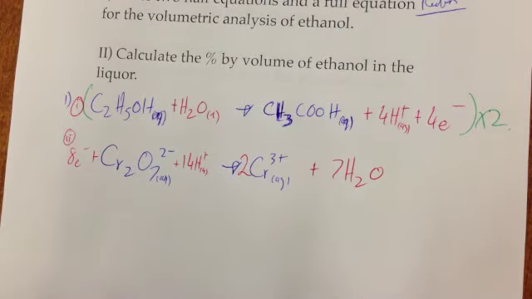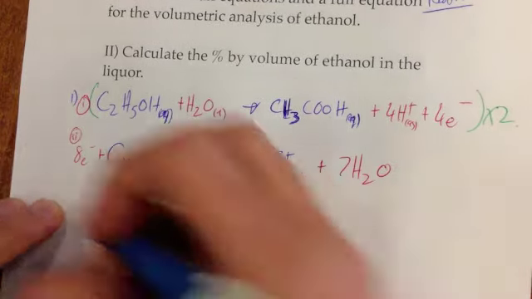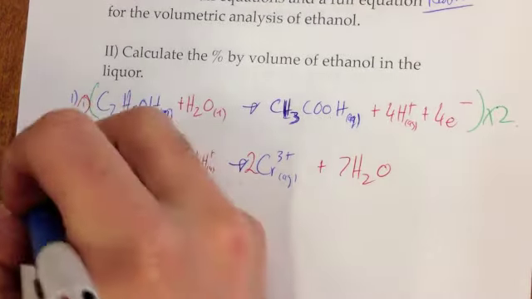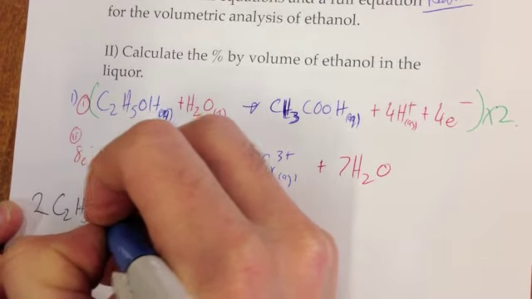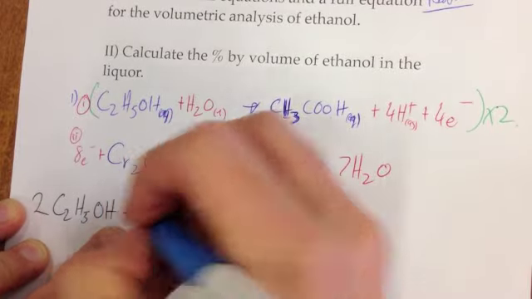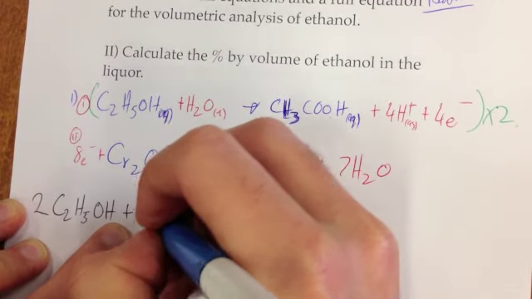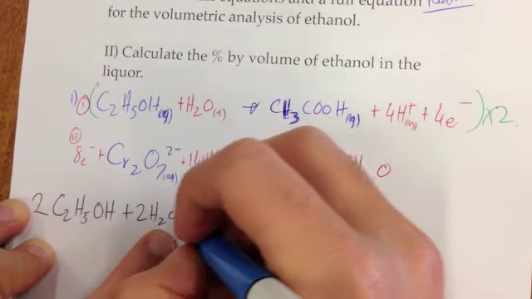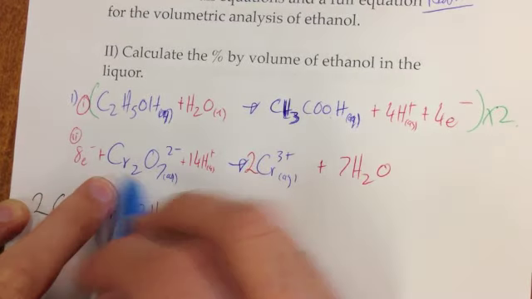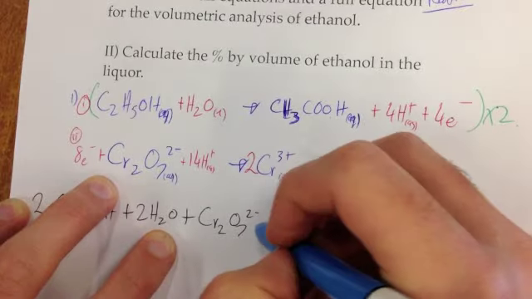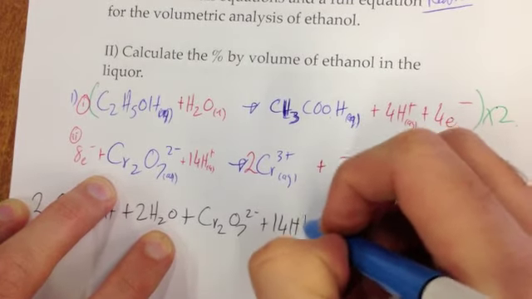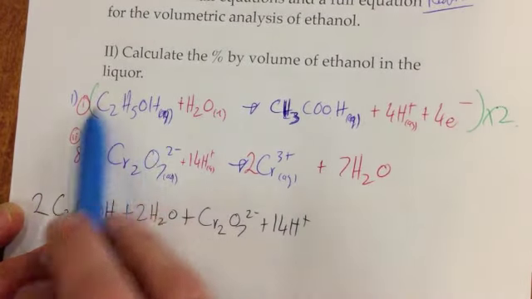So I'll end up with, starting over this side, 2 ethanol, C2H5OH, plus 2 waters, H2O, plus dichromate, plus 14 H plus, and that's everything on this side.